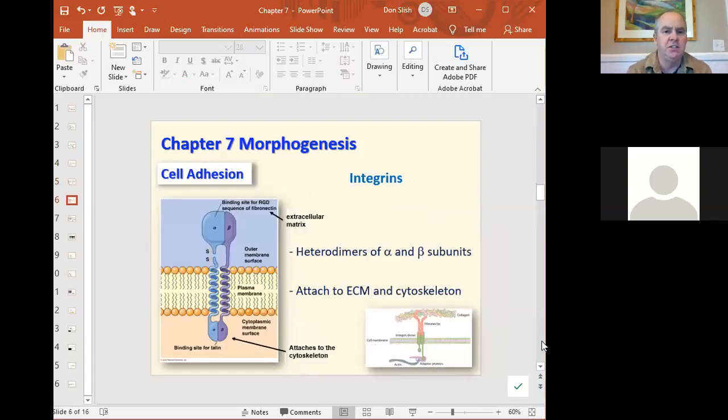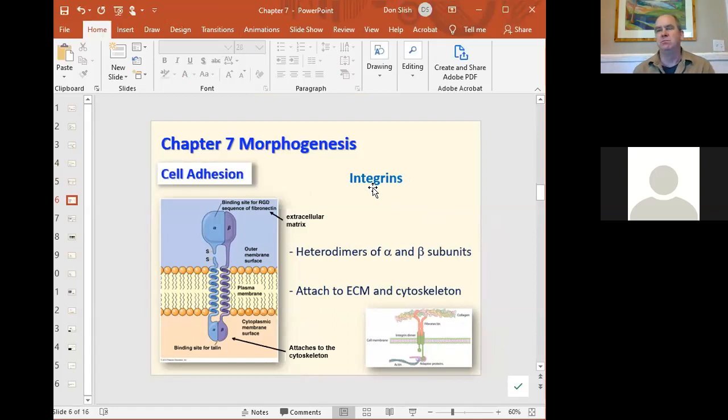Morphogenesis, cell adhesion. Okay, so you've got your cadherins, which are involved in adhesion junctions and desmosomes, and here are integrins. Integrins are involved in focal adhesions and hemidesmosomes. And the integrins then bind to extracellular matrix, mostly collagen and fibronectin.